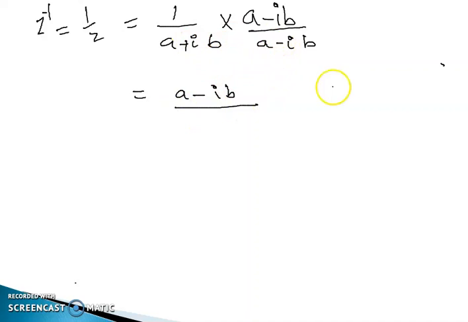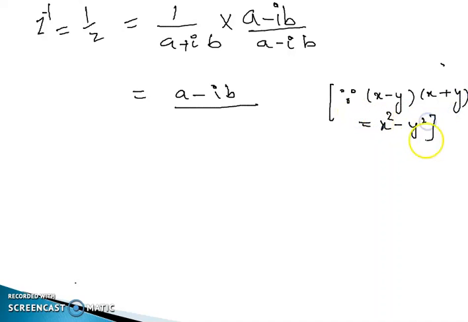Here we will apply the formula. Which formula? x minus y into x plus y is equal to x square minus y square. So it will be x square, meaning a square; this whole term is x and iota b is y.